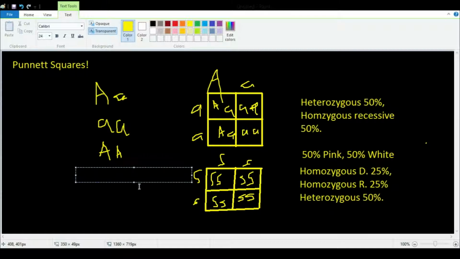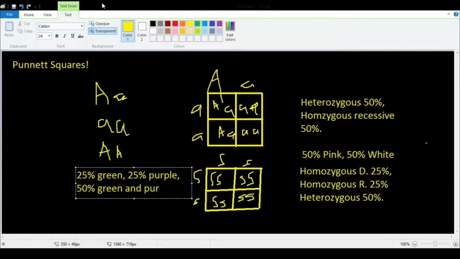So it would end up being 25% having, let's say, green for the dominant, 25% purple for the recessive, and then 50% are the lucky people who have a spike that has both colors on it, just split in half. So in this case, the heterozygous is more common because you had 2 heterozygous parents.